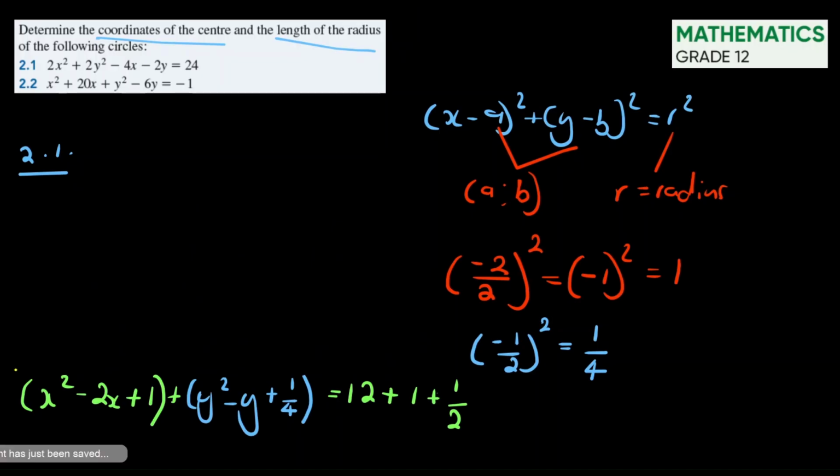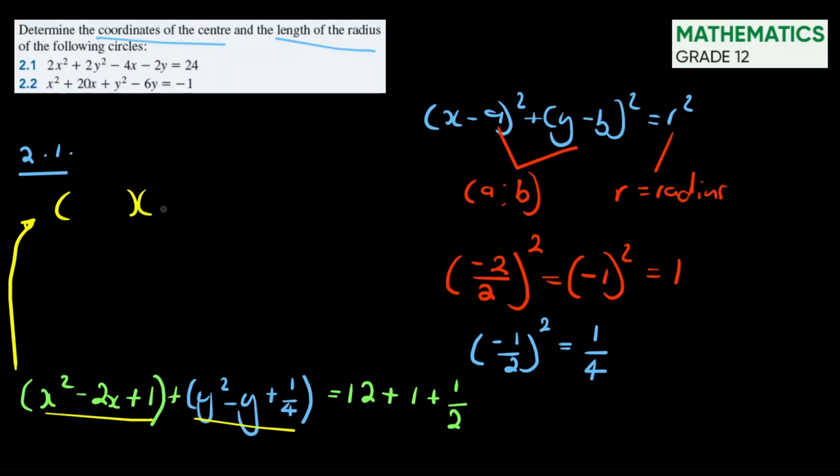So let's just neaten this equation up. As you can see here, we have a trinomial, and we have a trinomial there, which means we can open two brackets, x and x. Factors of 1 that, when you add, give us negative 2, are negative 1 and negative 1.